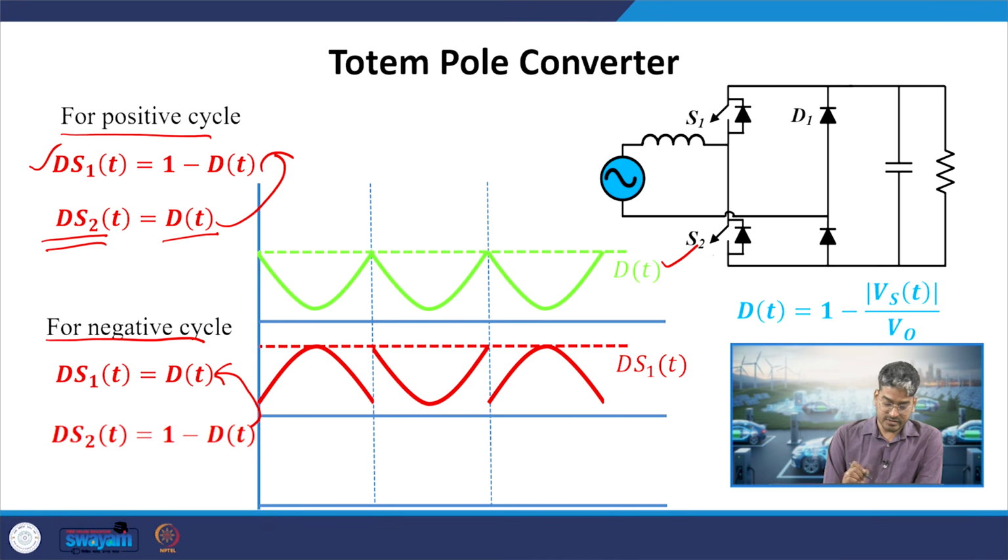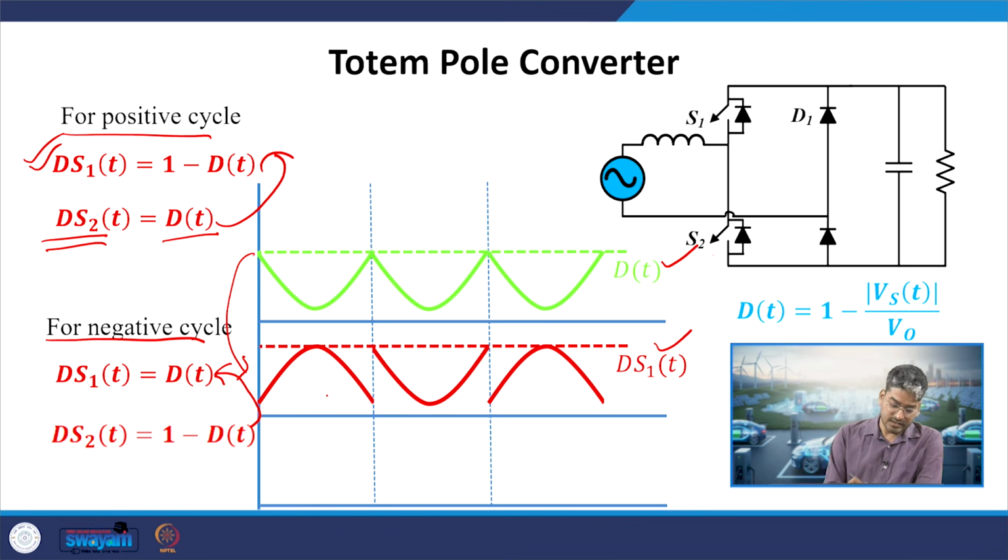So, if I plot this waveform for the positive and negative half cycle, what will be my observation? The switch 1 pulse is shown over here. We have this 1 minus d(t) for the positive half cycle for switch 1. That is why if I calculate 1 minus the green waveform, I will get this waveform.